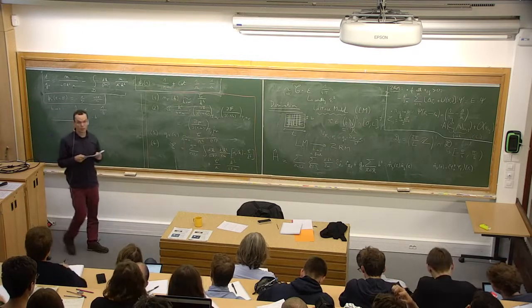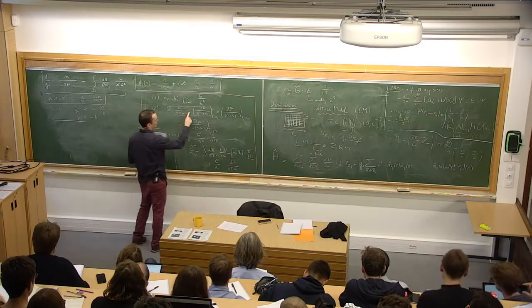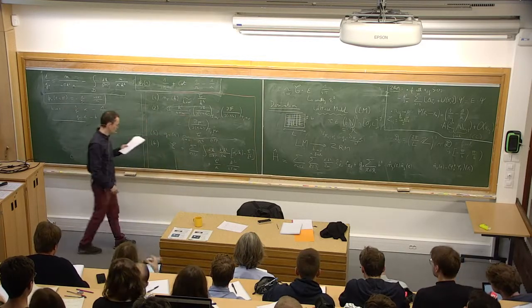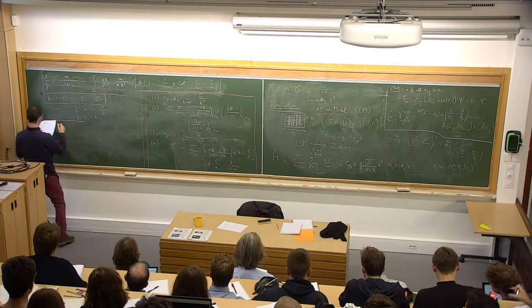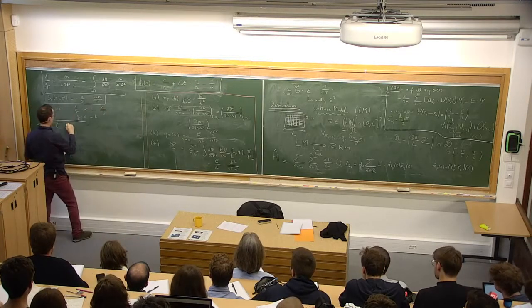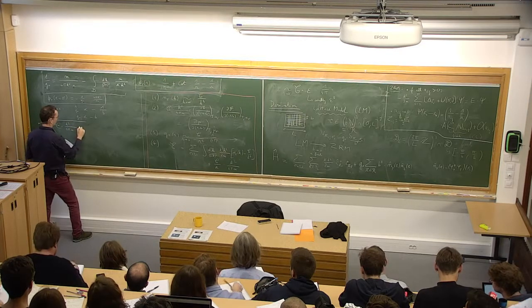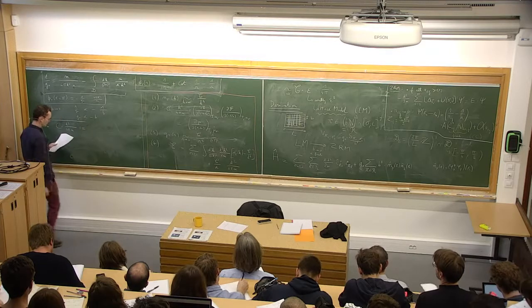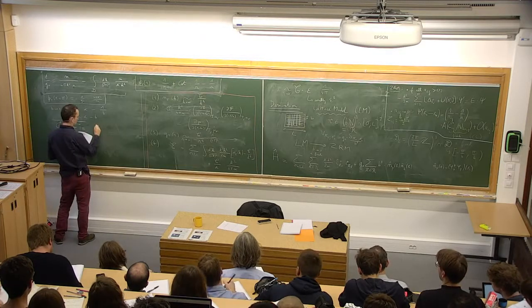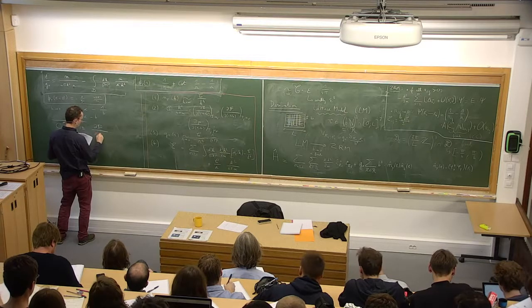Okay, now to the derivation. As I already said, I will use this as my definition of the contact. I will say that the contact times this constant h bar squared over 4 pi m is by definition equal to the derivative of the free energy with respect to minus 1 over a.